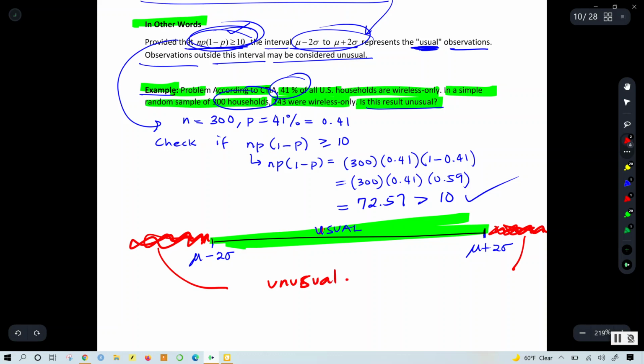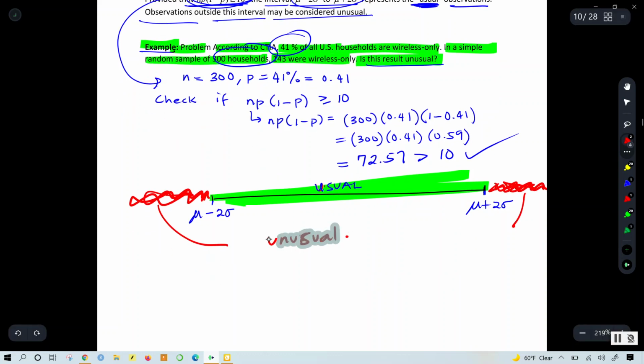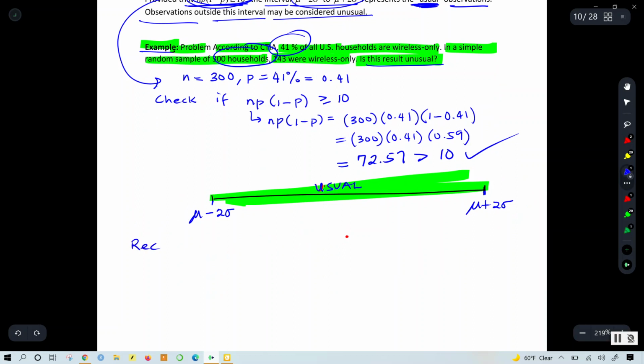So with that said, let us look at what these values are. We need to find the mean. Recall that for a binomial distribution, the mean is n times p. That will be 300 multiplied by 0.41, and that will be equal to 123.